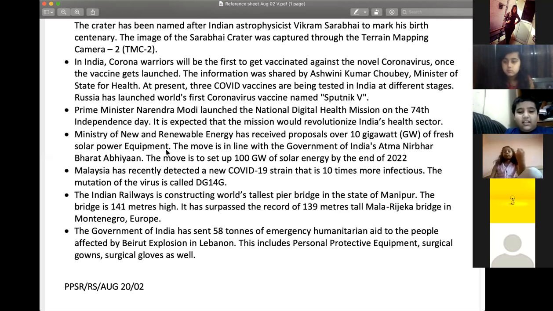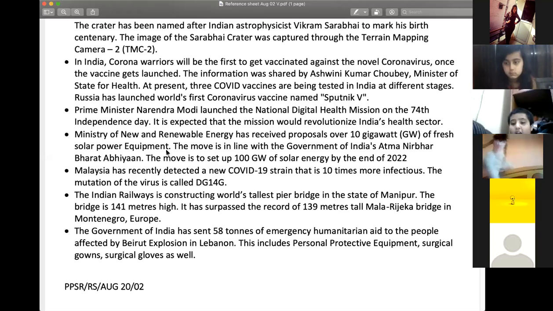The Government of India has sent 58 tons of emergency humanitarian aid to the people affected by the explosion in Lebanon.